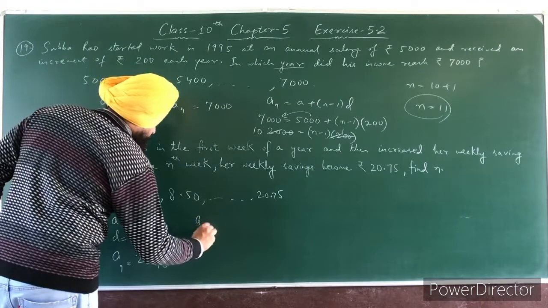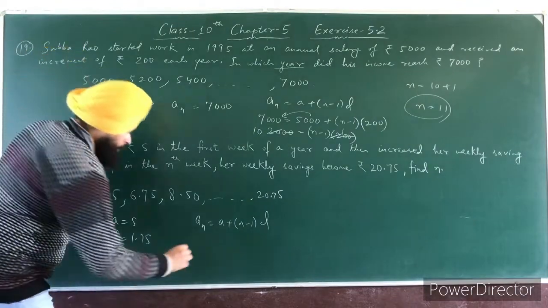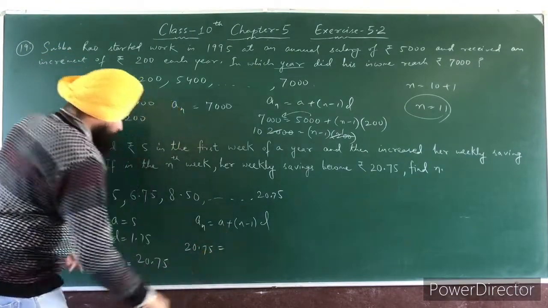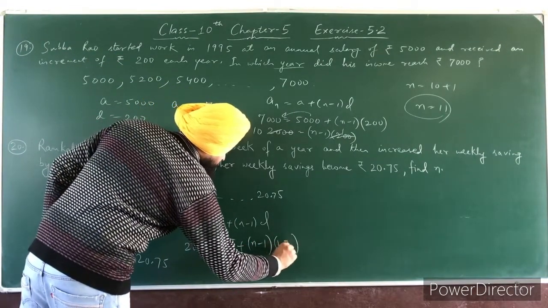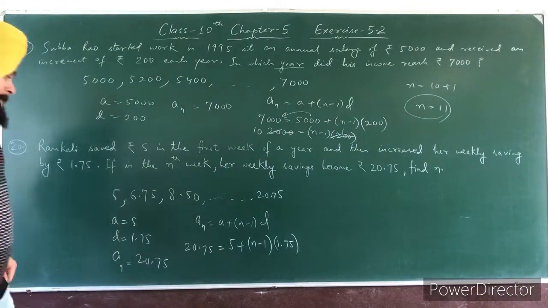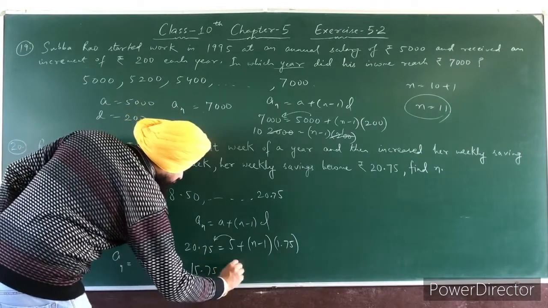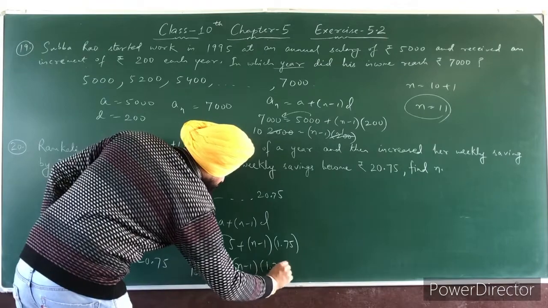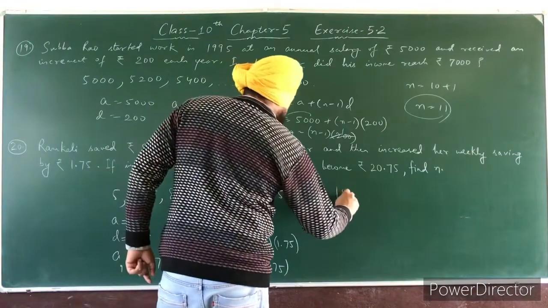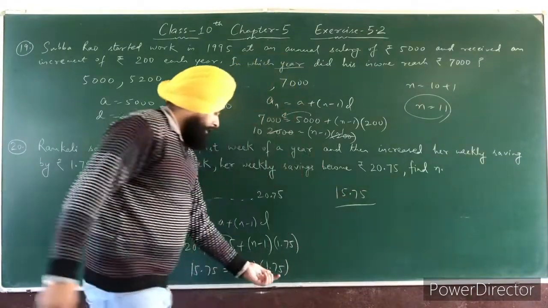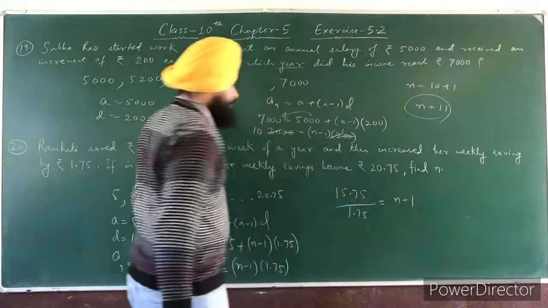So again an is equal to a plus n minus 1 into d. The value of an is 20.75, which is equal to a, and a is how much? 5, plus n minus 1 into d. d is 1.75. Now subtract this 5 from this value. It is 15.75 is equal to n minus 1 into 1.75. Now 15.75 divided by 1.75 is equal to n minus 1.